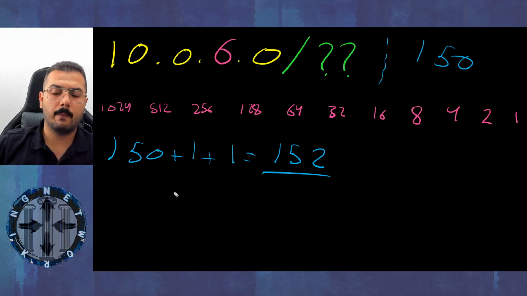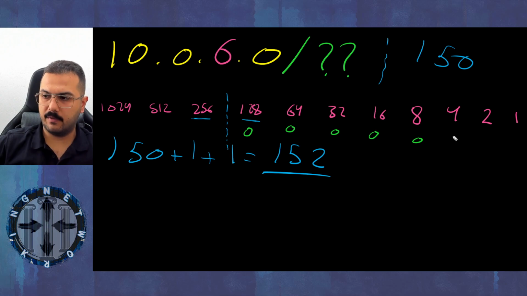Next step is comparing. 128 is not enough. 256 is enough. Let me have a line here. What's right of it will be zeros: 1, 2, 3, 4, 5, 6, 7, and 8.